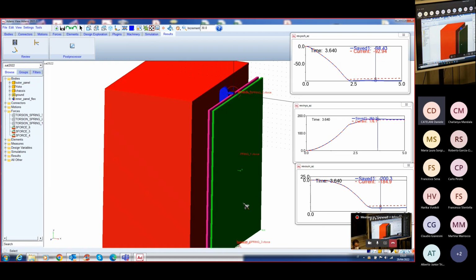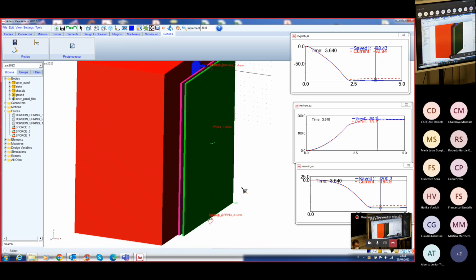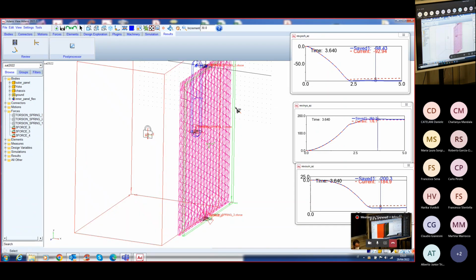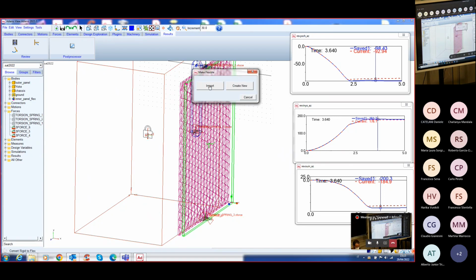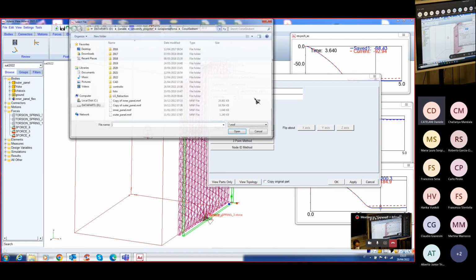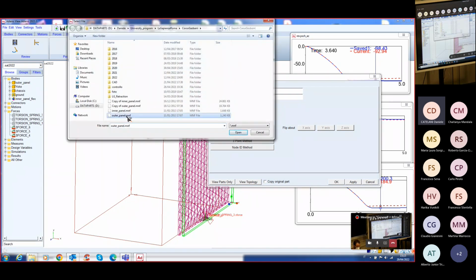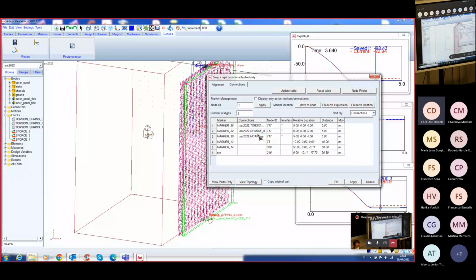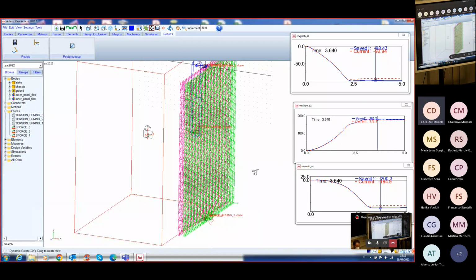We can repeat the same for the second body, the outer panel. So go to outer panel, make flexible, import, verify you are working on the outer panel, search for the outer panel I sent you, verify the connections, click on OK, and now you have the second flexible body.